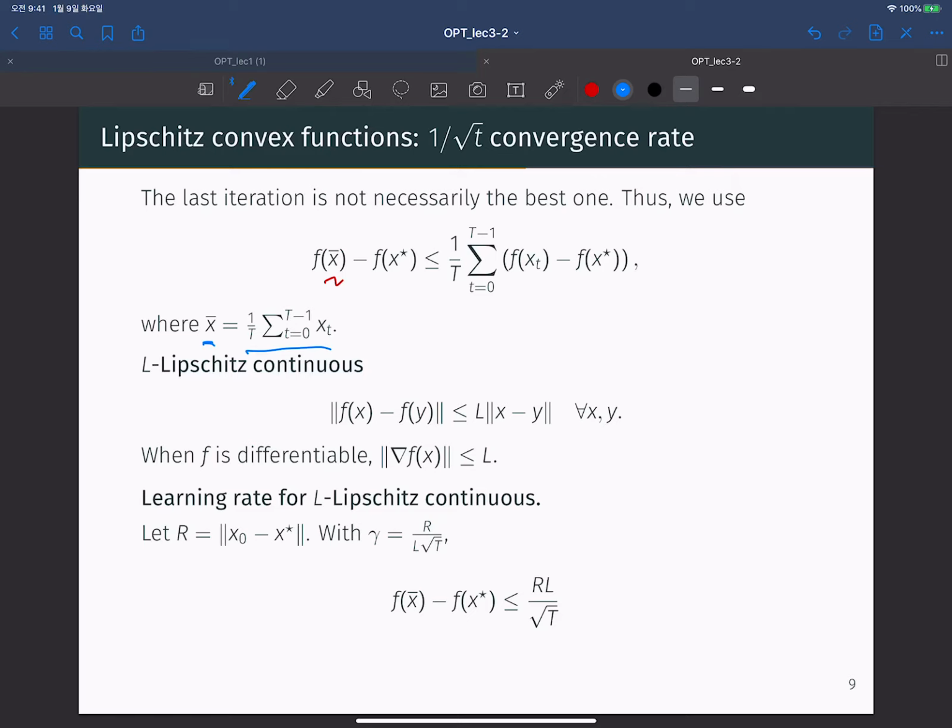Then from Jensen's inequality, since f is a convex function, we have this inequality, right? This comes from Jensen's inequality.